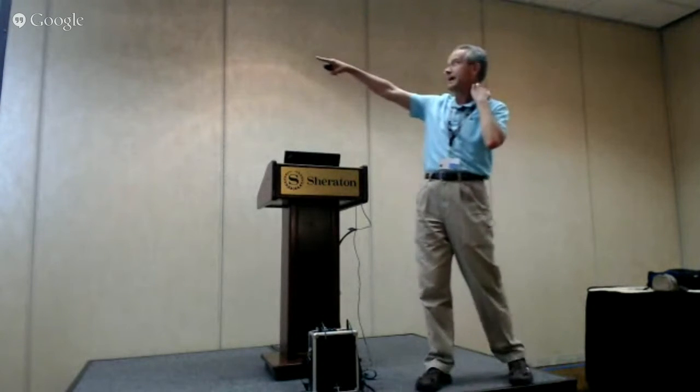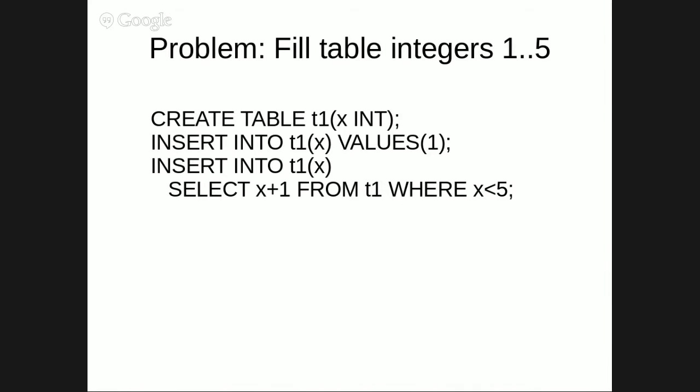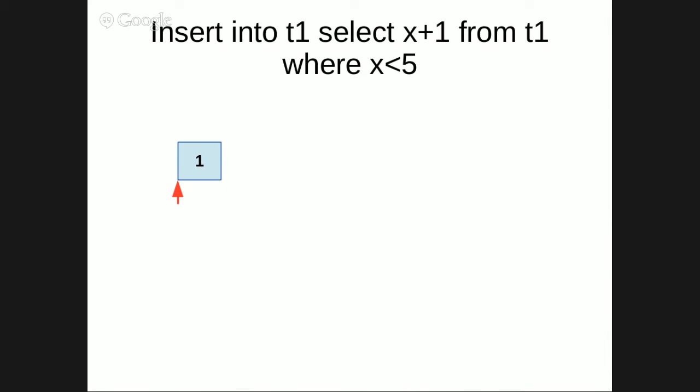So we create the table, and we insert a seed value, and then we have an insert here that selects data from itself, a sort of self-insert. Insert into T1, select X plus 1 from T1. So we start out, and table T1 has a single value in it, which is the number 1. The first thing it does is read the 1 in the select.